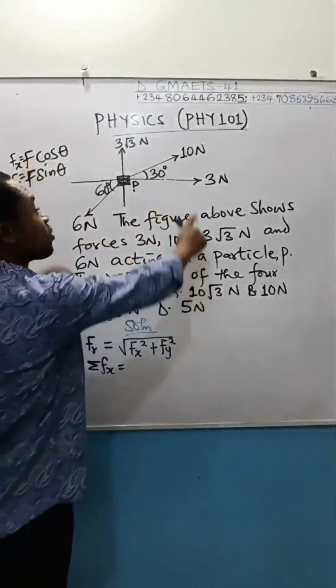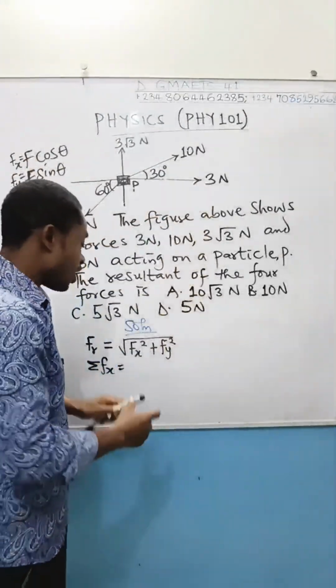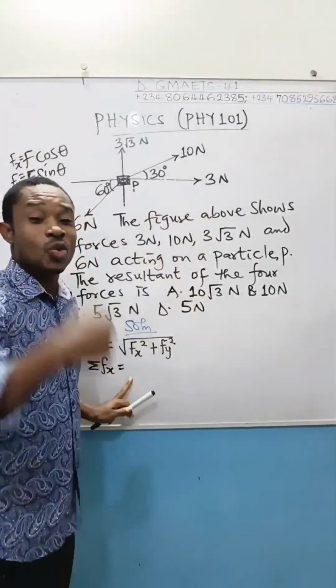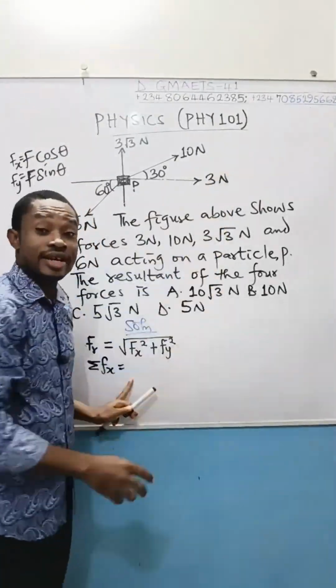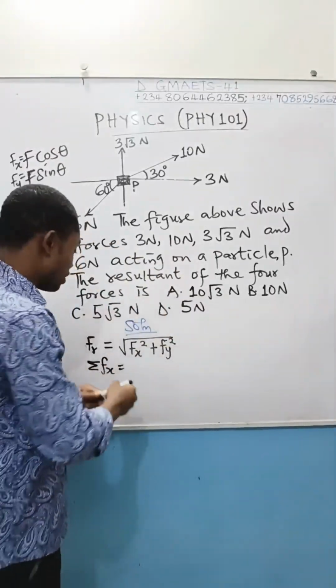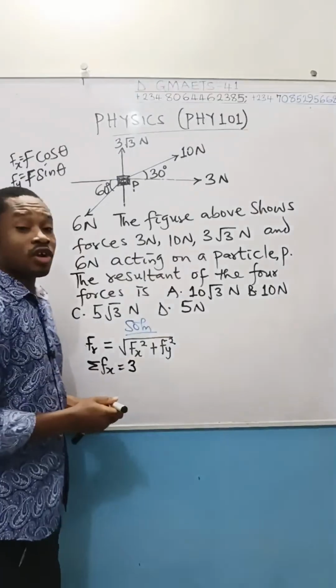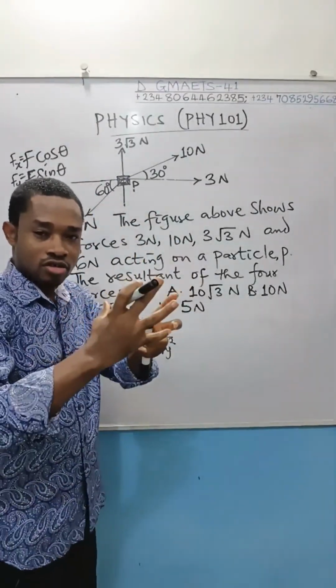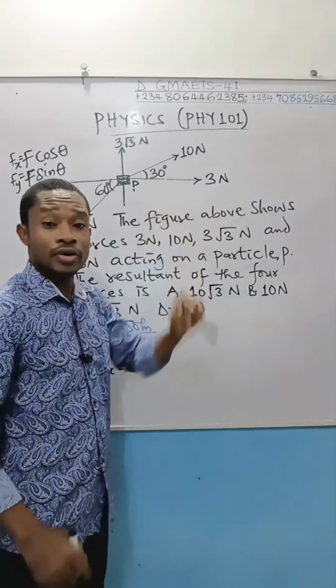So we are evaluating F cos 0. From special angles, cos 0 is equal to 1, and our F here is 3. So it's going to be 3 times cos 0, and cos 0 is 1. 1 times 3 will give you 3. We have gotten the value of one of the forces along the horizontal.